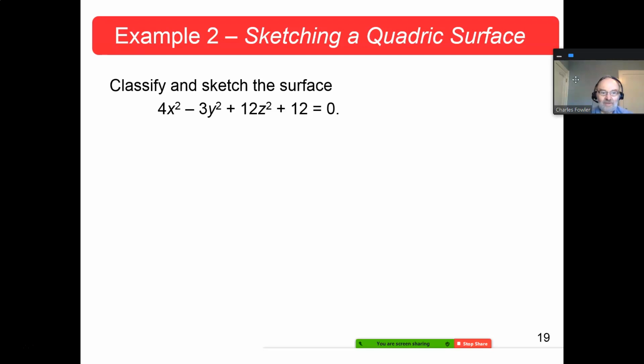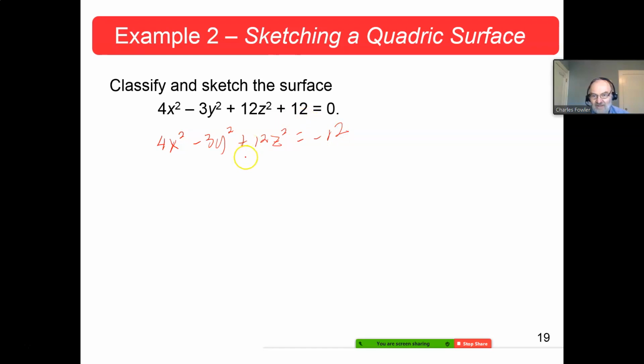Now, that was a mouthful, wasn't it? Let's see the characteristics we pay attention to here. Number one, what I would do first on a problem like this is set it up this way. 4x squared minus 3y squared plus 12z squared is equal to minus 12.